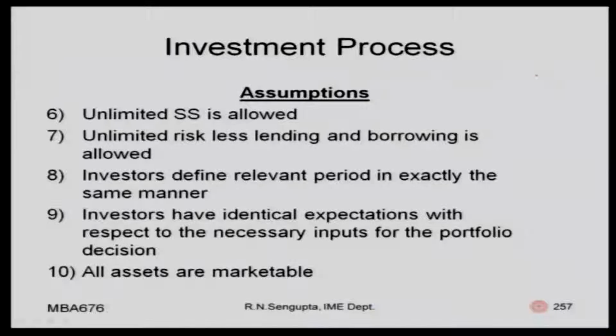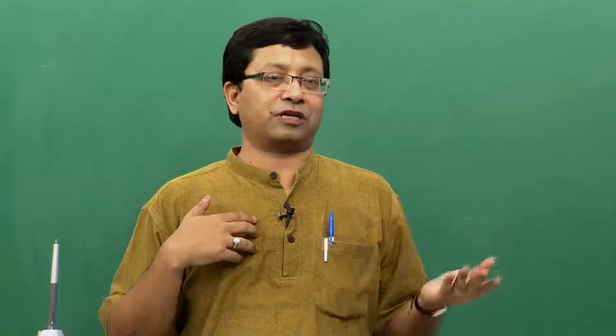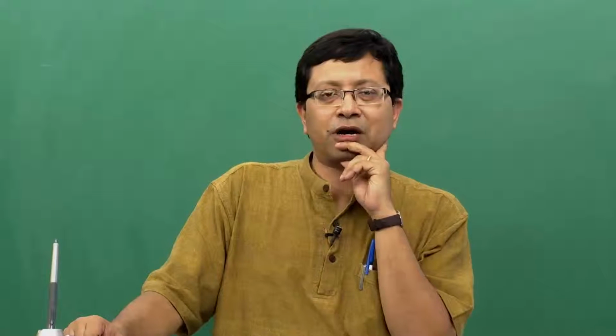The ninth assumption is that investors have identical expectations with respect to the necessary inputs for the portfolio. My overall utility may be different, but the actual input based on which I find my utility and the expected value would be the same. If prices are increasing, or there is an increase in demand or supply, or vice versa, the exact price information is immediately available to all players in the market.